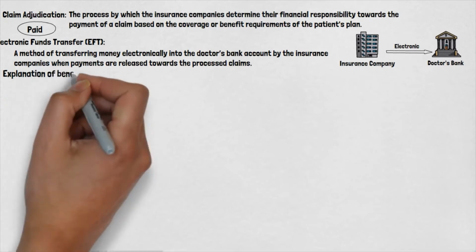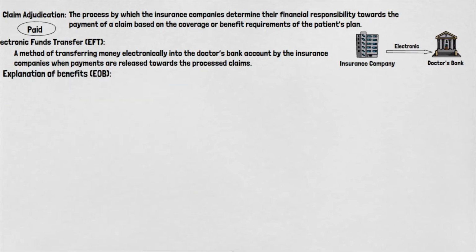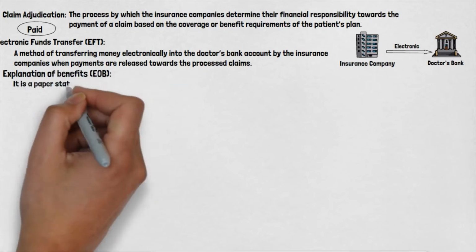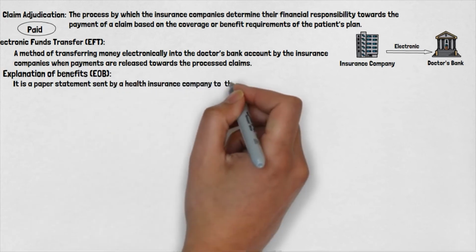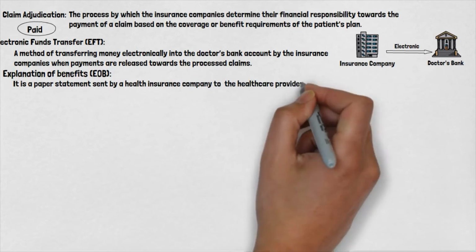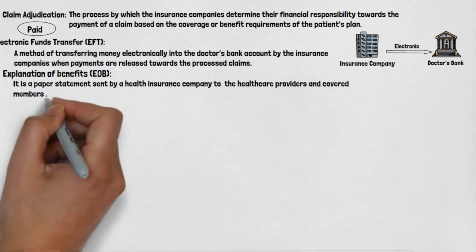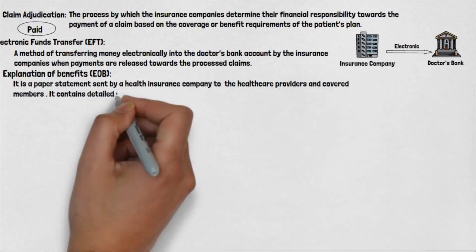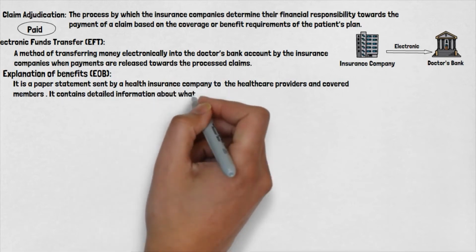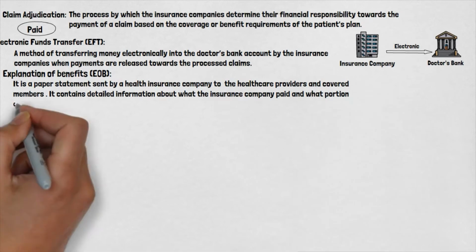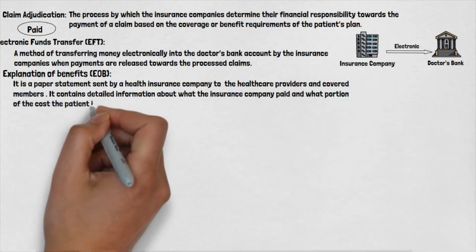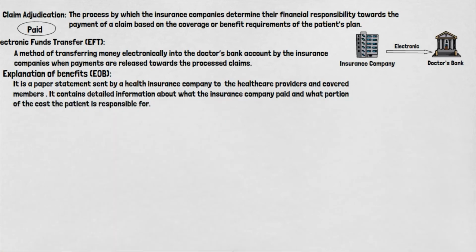Now the next one is explanation of benefits, EOB. It is a paper statement sent by a health insurance company to the healthcare provider and covered members. It contains the detailed information about what the insurance company paid and what portion of the cost the patient is responsible for.